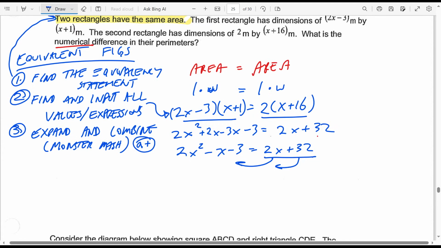Just because from here on in, we've got to do some factoring and stuff, and it's easier when a is positive and not negative. It's not right or wrong. It's just I feel it makes it easier on you. So 2x squared minus 3x, because I'm subtracting 2x from the other side and combining with negative x, and then negative 35 is equal to 0. If you get to here, I'm pumped, right? Okay, can you get to there?